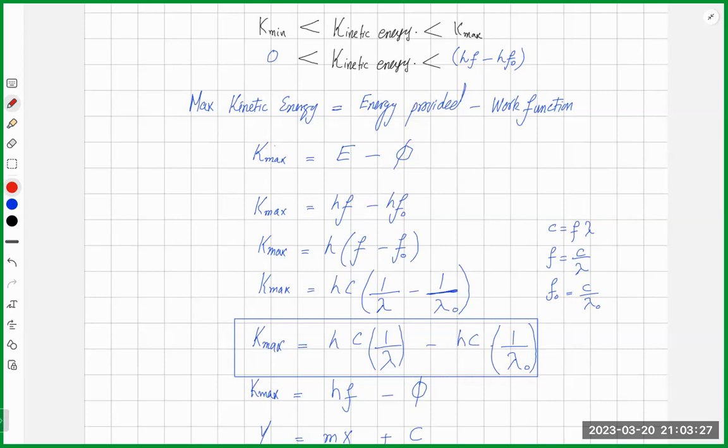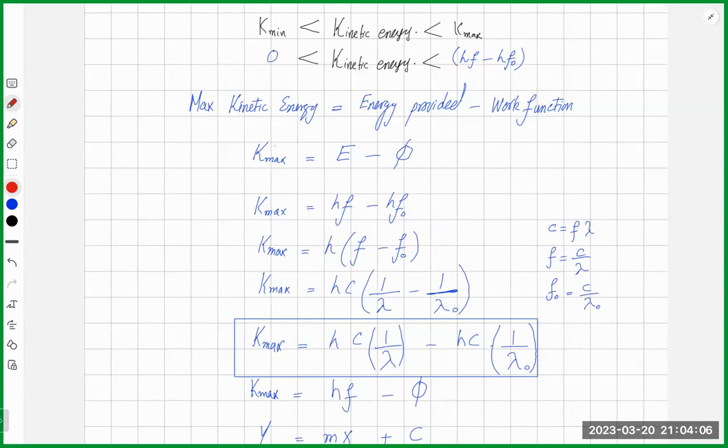If we have to introduce lambda into the situation, f will be c over lambda, so we can replace every f with c over lambda. Now, 1 over lambda naught corresponds to the maximum wavelength that can produce the photoelectric effect.